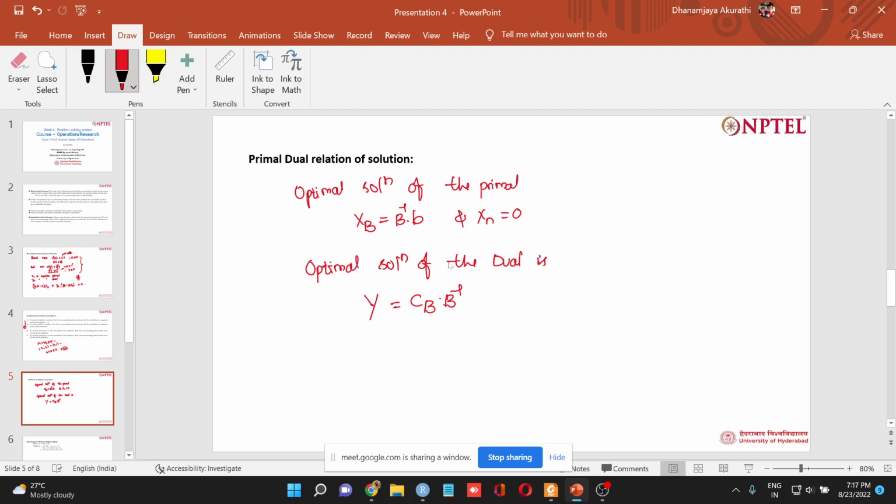So the optimal solution of the dual can be obtained as the simplex multipliers, where CB is the cost coefficients of the basic variables at the optimal level and B inverse is the basis inverse. So if we know the optimal solution of the primal, we can easily find the optimal solution of the dual without the effort of solving the dual problem.